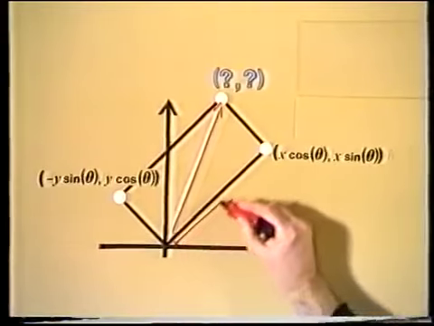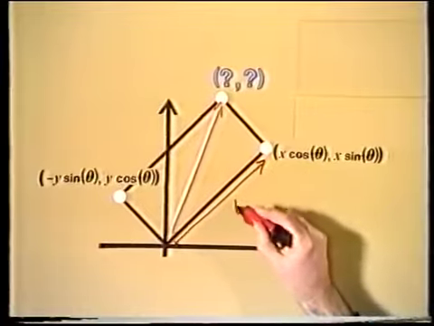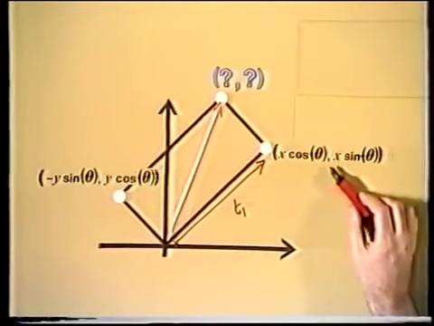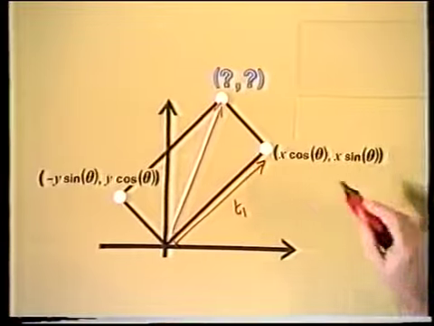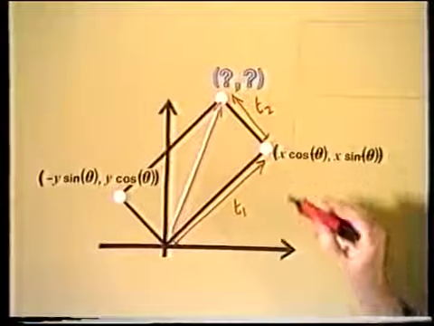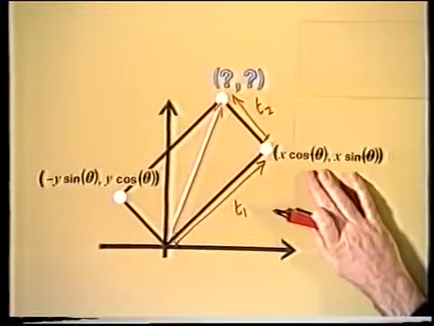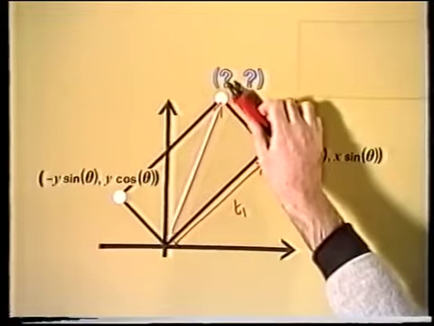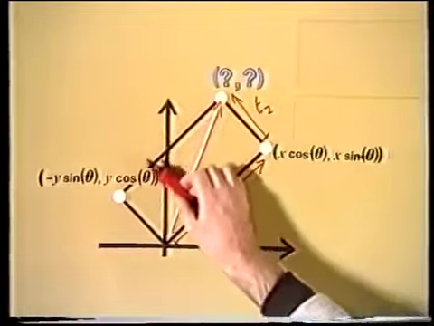Firstly, this translation, let's call it T1, takes the origin out to (x cos theta, x sine theta). And secondly, this translation, T2, takes (x cos theta, x sine theta) out to the point that we want. Well, what do we know about this translation, T2?